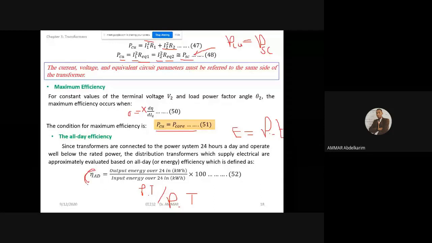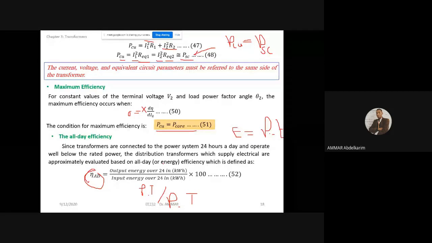The all-day efficiency equals the output energy in 24 hours. So if the transformer is not working 24 hours, we're going to choose any period. We have an example of this in the recitation, 6 hours, 8 hours. Just the power times time. Here, in case of the distribution transformers placed in the power system, they work 24 hours per day.